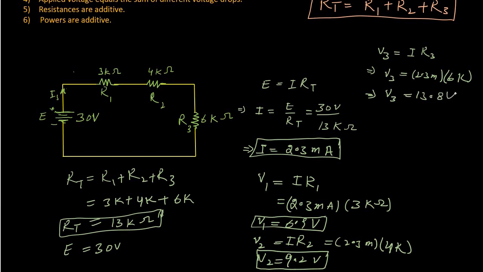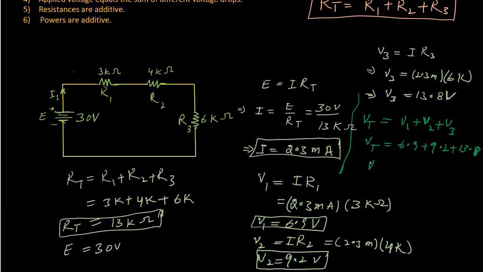Now we already discussed that the voltage supplied by this DC voltage source is equal to the sum of all the voltage drops across each resistor. Let's say Vt is the total voltage drop across the network, which is equal to V1 plus V2 plus V3. So the total voltage drop in this network is V1, 6.9, plus V2, 9.2, plus V3, 13.8.